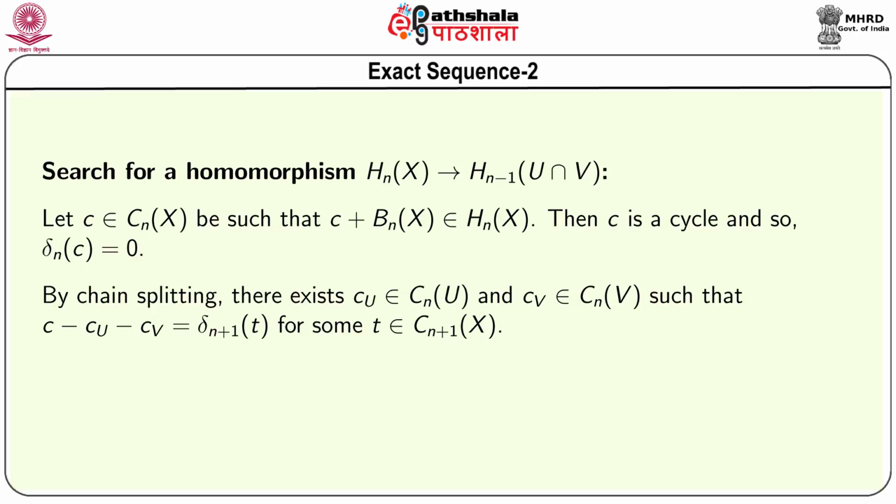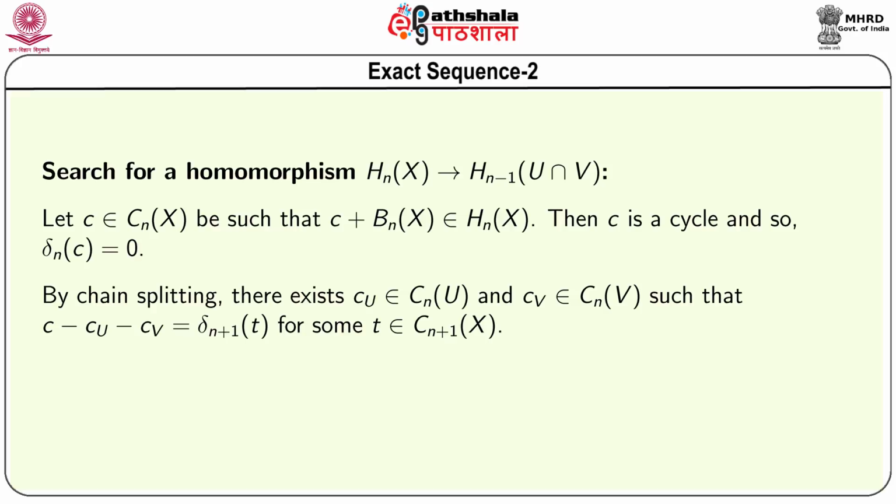So, let us take an element c from C_n(X) such that c + B_n(X) is an element of H_n(X). That means c is a cycle and therefore ∂_n(c) is equal to 0.